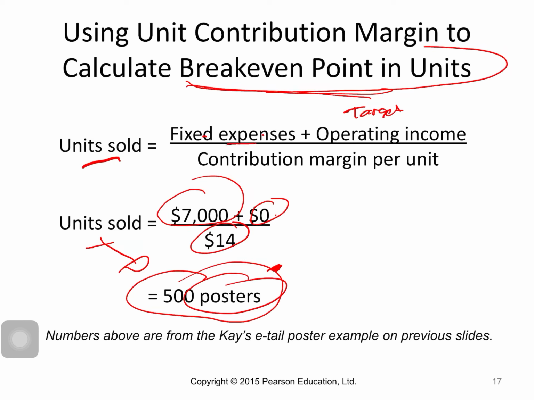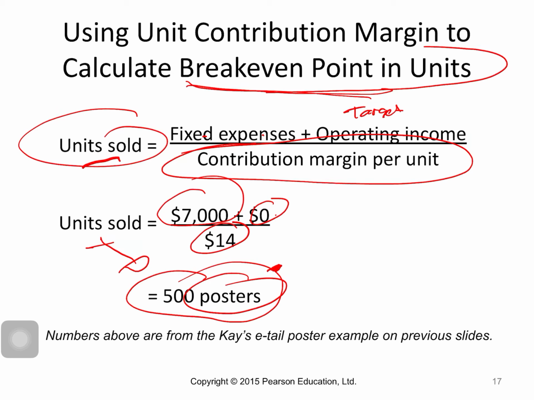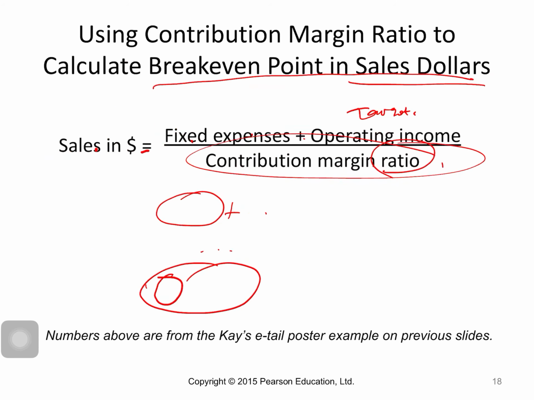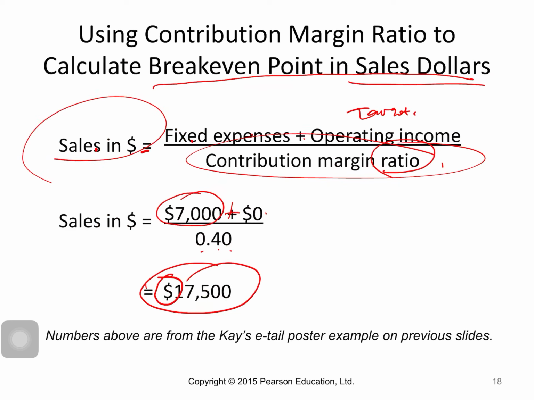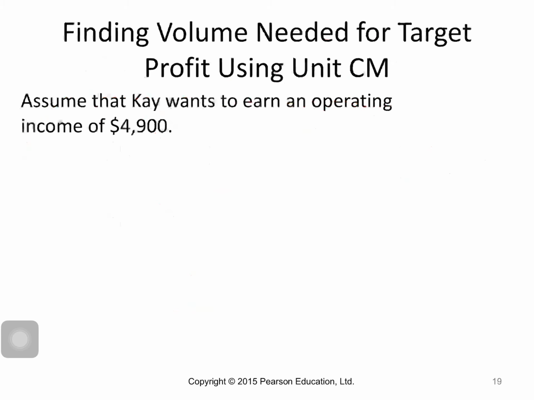The difference is only in this part. This one is for the units sold, this one is contribution margin per unit, but for this one, contribution margin ratio.